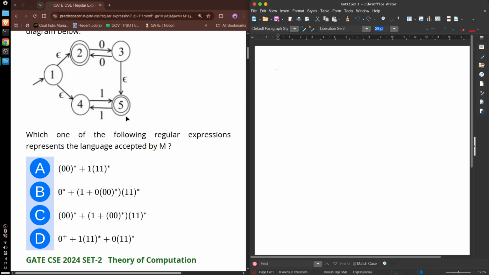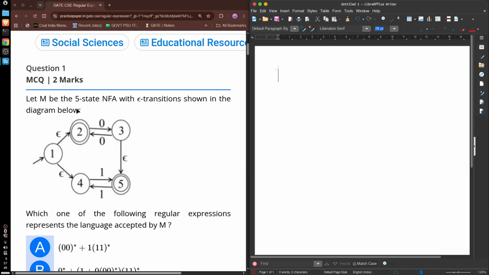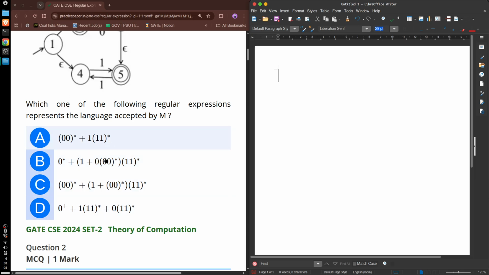That's why every single mark matters in this case. If we just see regular expression, we can get free 3 marks, like not free, but yeah, it's kind of free.